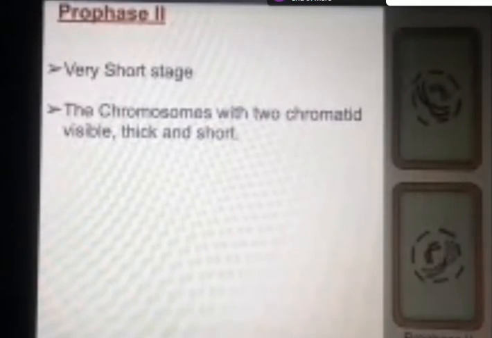So nothing changed. No kind of replication occurs. No addition or deletion or any kind of overlapping, or you can say exchange of genetic material occurs. Only the same chromosomes with attached sister chromatids were present in case of the prophase second.